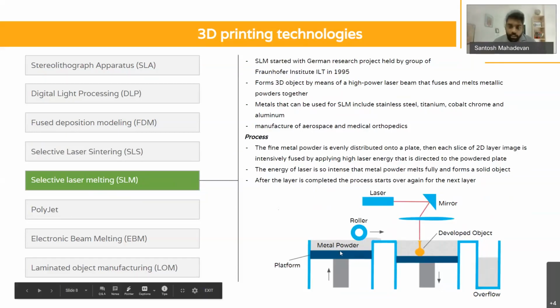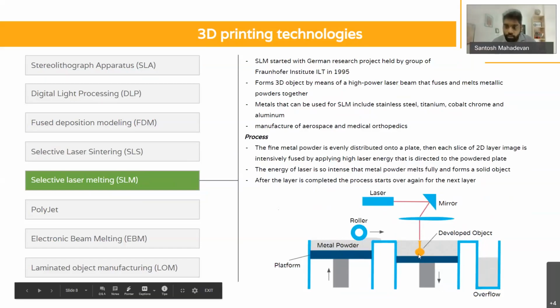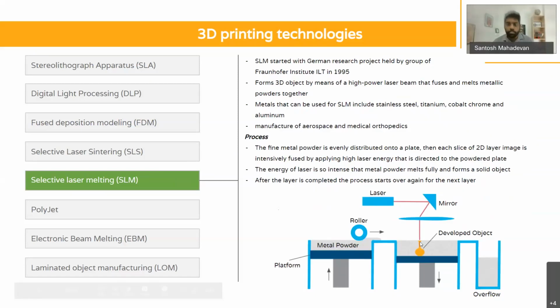As you guessed, this platform moves up the height of one layer, this platform moves down the height of one layer, the roller displaces powder from here to here, and then the high wattage laser melts the powder, not just simply sinters it, and forms the cross section. So over time, you get cross sections of this part getting stacked layer upon layer to form the part.